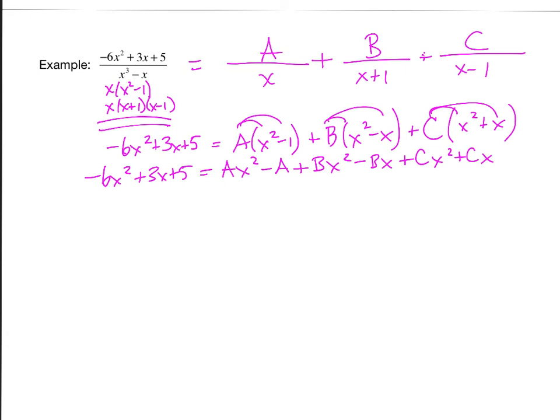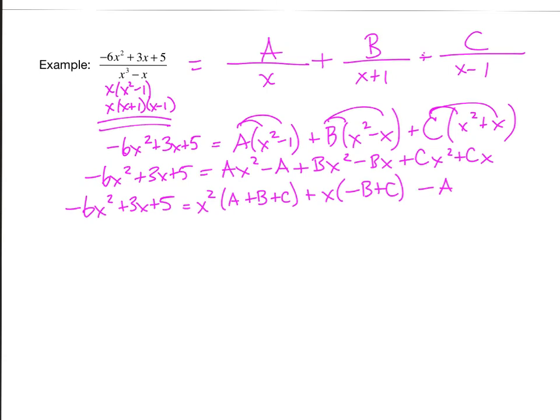Okay, so now, as before, I'm going to group the things that have x squares together, which leaves me with a plus b plus c, and the things that have x's together, which is -b plus c, and then the things that don't have any x's on them at all, the constants, which is actually just -a.